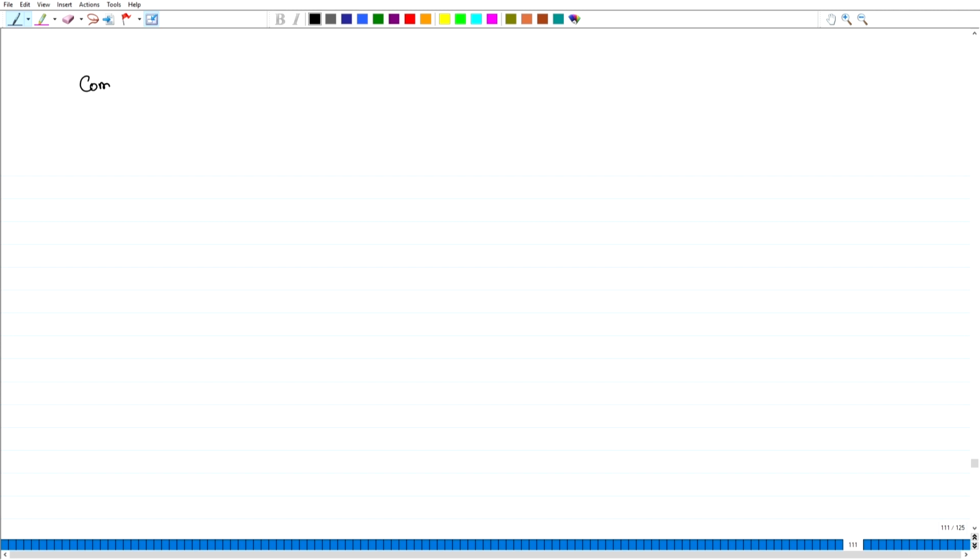Okay, so, computation of Fourier transform of Poisson kernel.